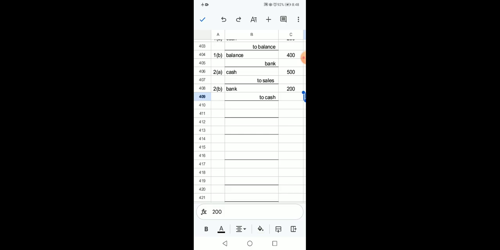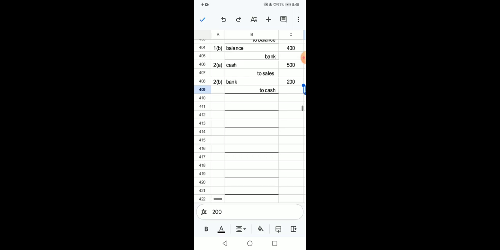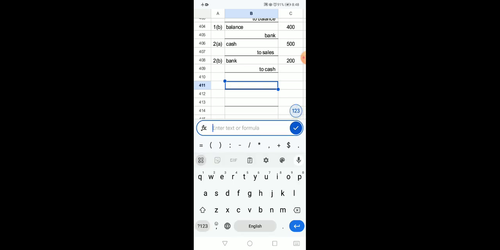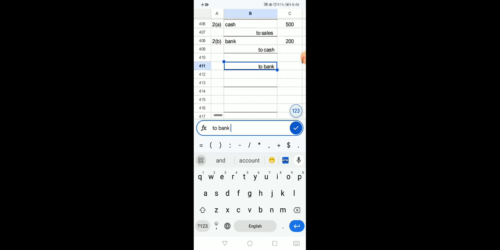When you issue this check to your account payable, he will go to your bank branch and present that check, and he will withdraw amount from your bank, with which amount present in your bank account would be decreased. Bank account is your asset, it is decreased, so you need to mention bank name or bank account name on credit side. Why? Because your amount in bank has been decreased, asset is decreased.